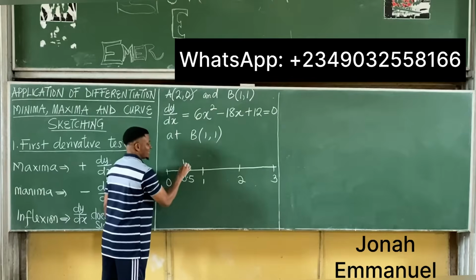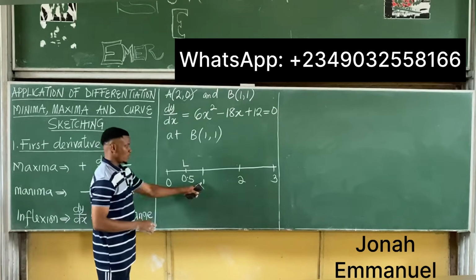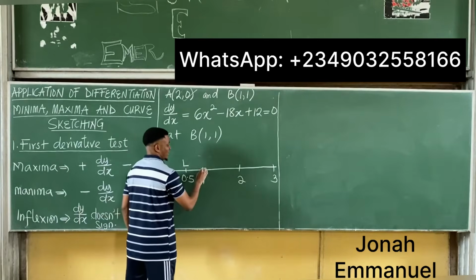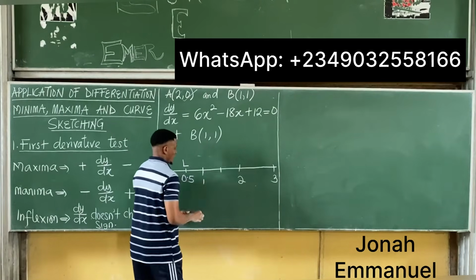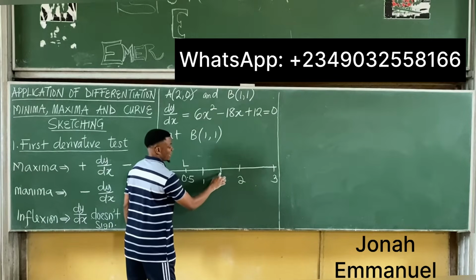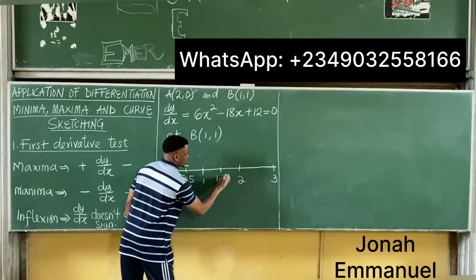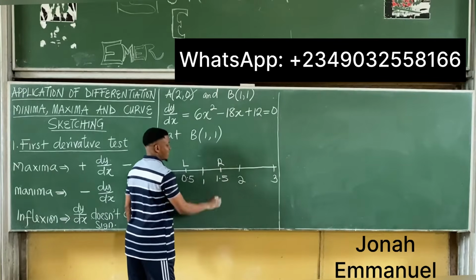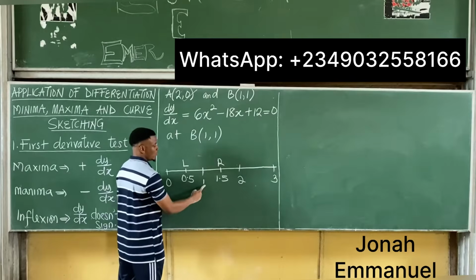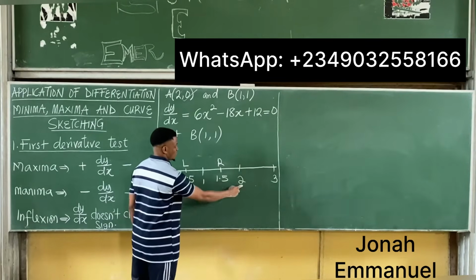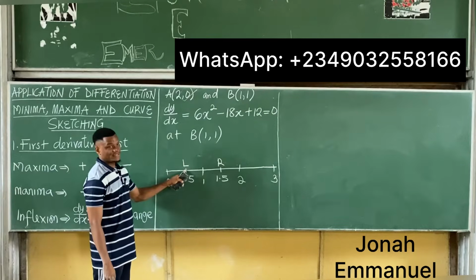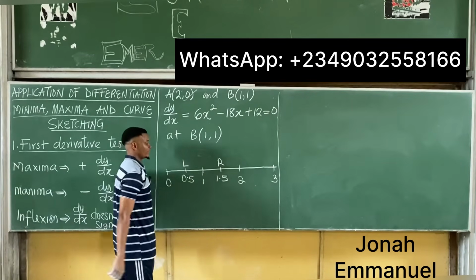This becomes the left hand side of 1. Now let's take 0.5 to the right, which gives 1.5. This becomes the right hand side.